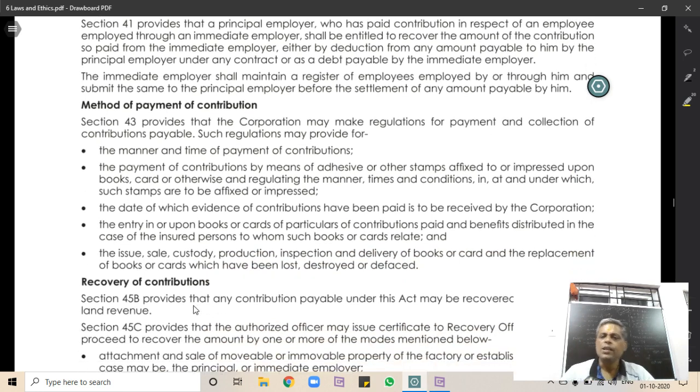The issue, sale, custody, production, inspection, and delivery of books or cards, and the replacement of books or cards which have been lost, destroyed, or defaced. The corporation may make regulations on all these matters.